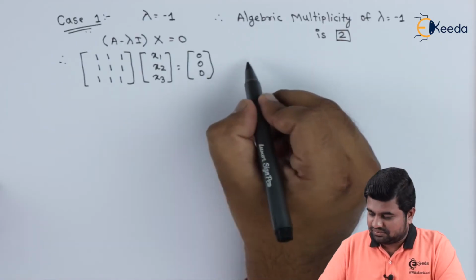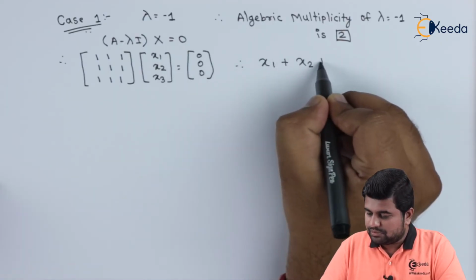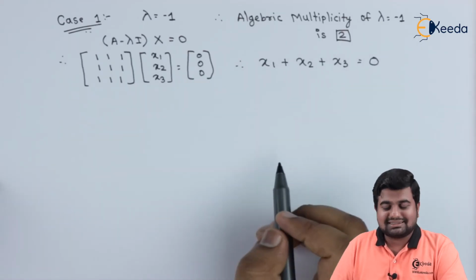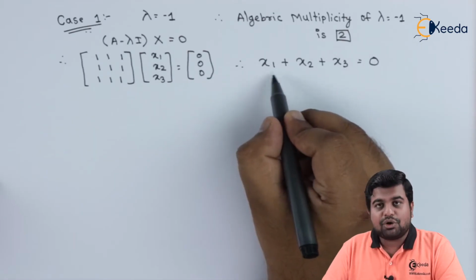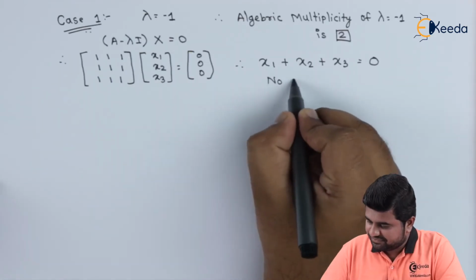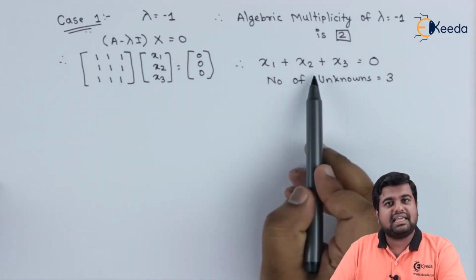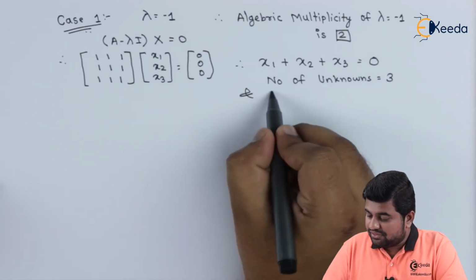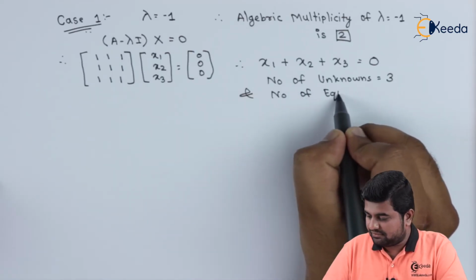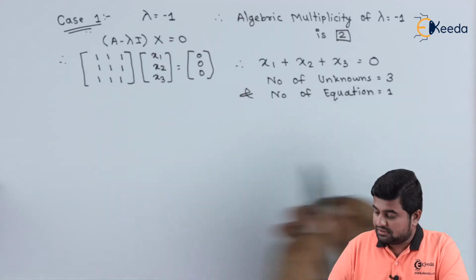which is x1 plus x2 plus x3 is equal to 0. So I'm going to write down x1 plus x2 plus x3 is equal to 0. Now let us understand, the number of unknowns in this particular equation is equal to 3, that is x1, x2 and x3, and the number of equations we have obtained is equal to 1.